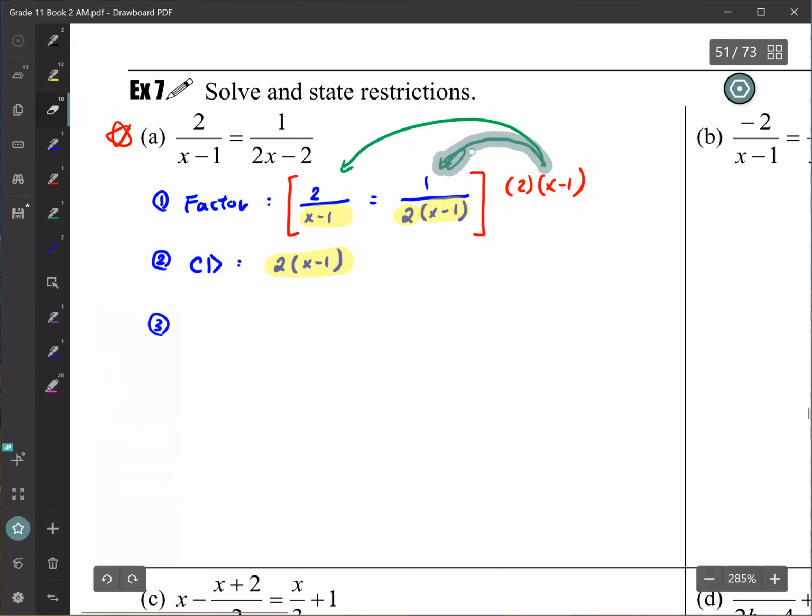When we multiply the left side, what cancels out? Aaron? The x minus 1. Okay, then what will be left? The 2. So it'll be 2 times 2.